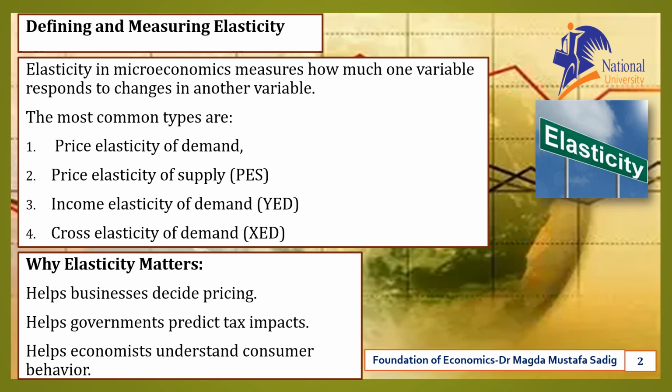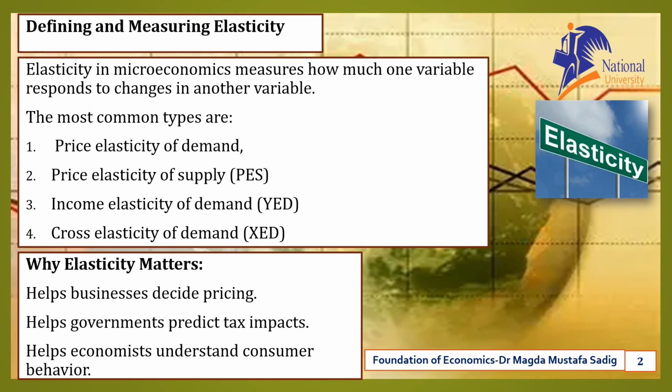We have also price elasticity of supply. This measures how much the supply of a product changes when its price changes. For instance, if the price of apples goes up and farmers quickly produce more, the supply is elastic. If production doesn't change much, it is inelastic.